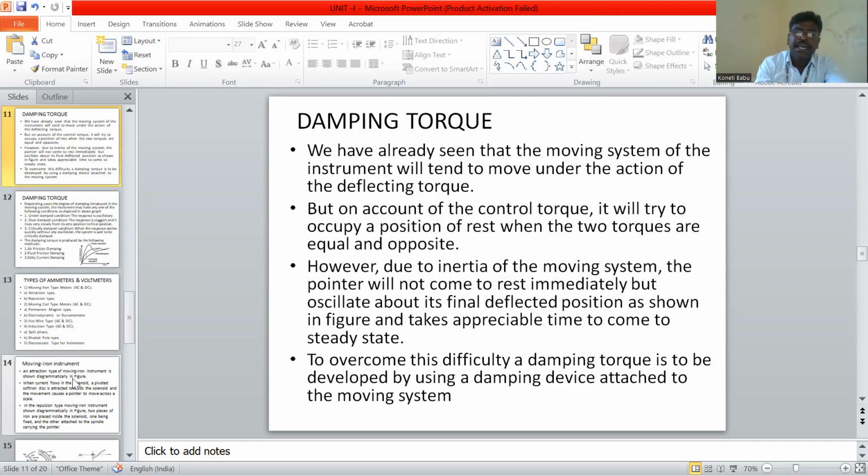Due to the action of these two forces, with the moment of inertia the pointer will oscillate about its final position. That's why the pointer will not come to rest quickly and it takes more time to measure the value. This oscillation can be minimized by using the damping system or damping force.